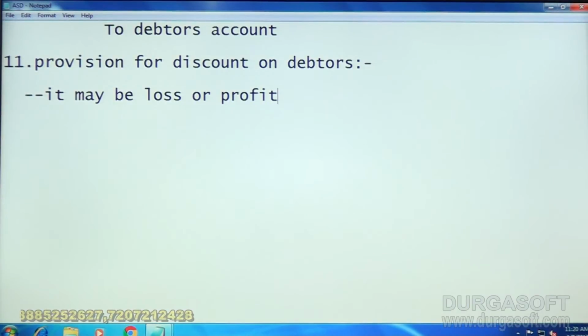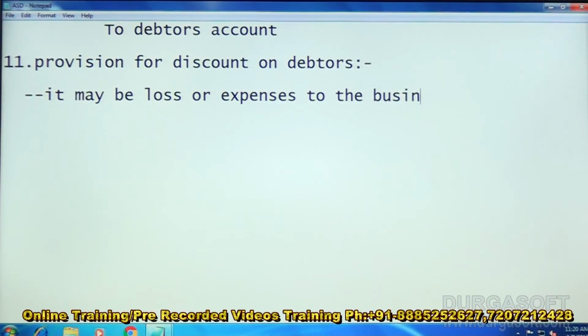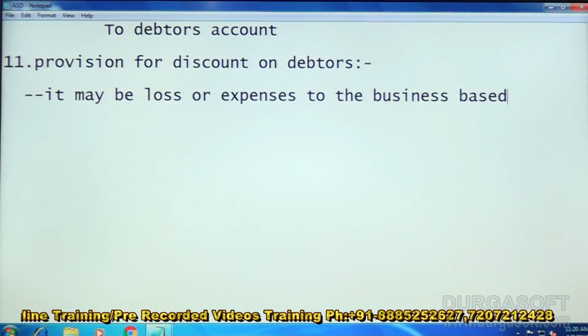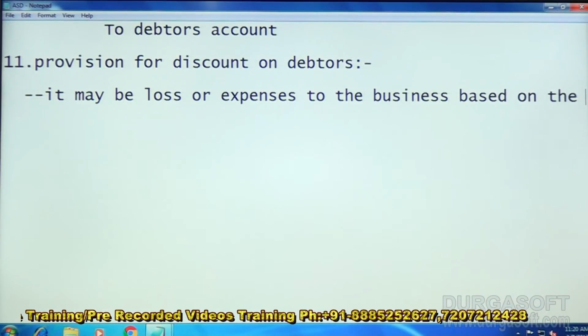It may be loss or profit to the business. Not profit, just like expenses to the business, based on the discount.